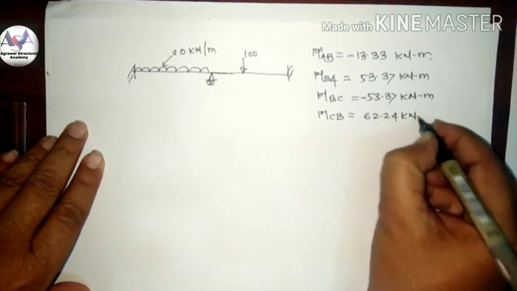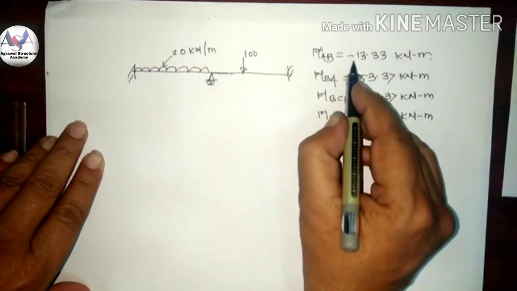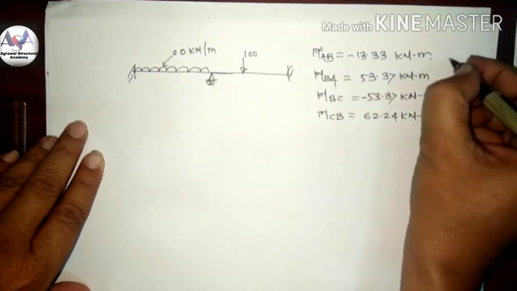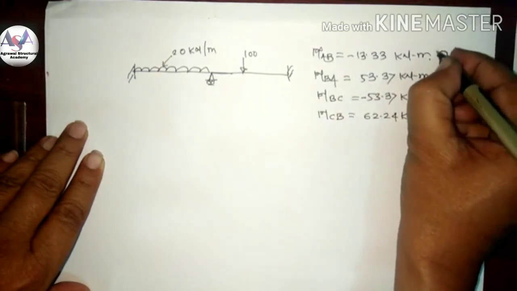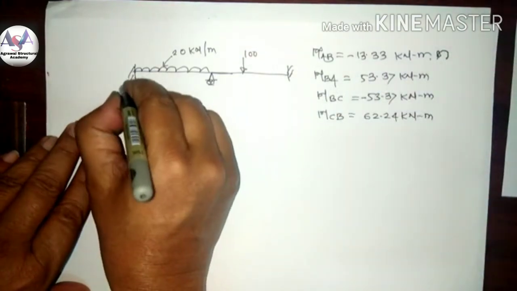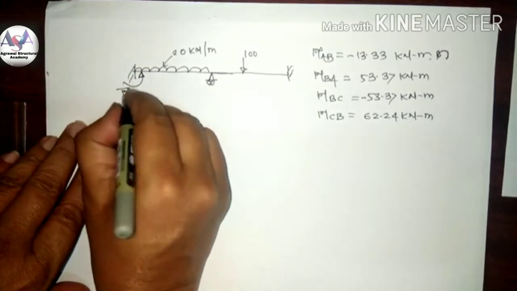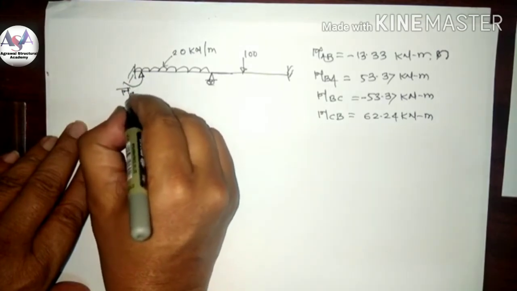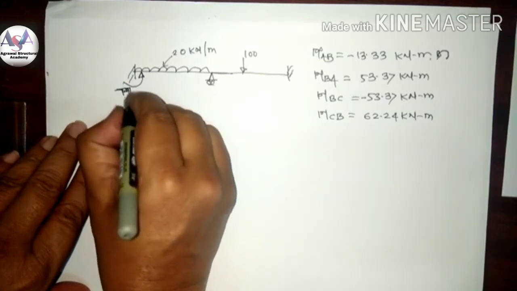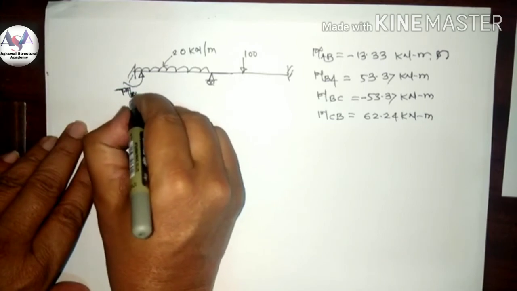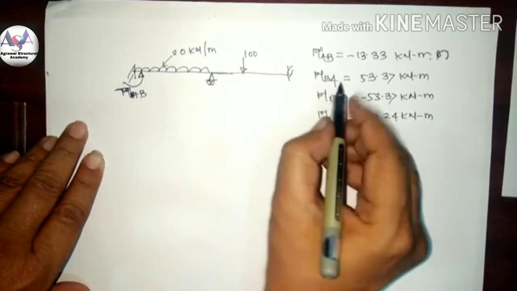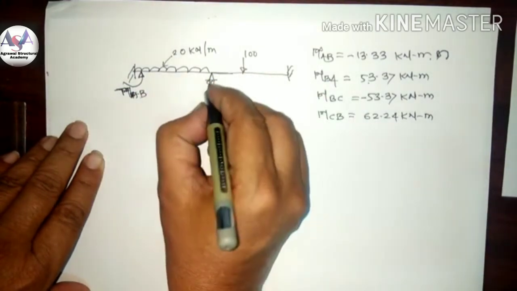Now how to apply this moment here? This minus means the anti-clockwise, so apply here the anti-clockwise for MAB. Then BA is a plus, means apply here the clockwise.